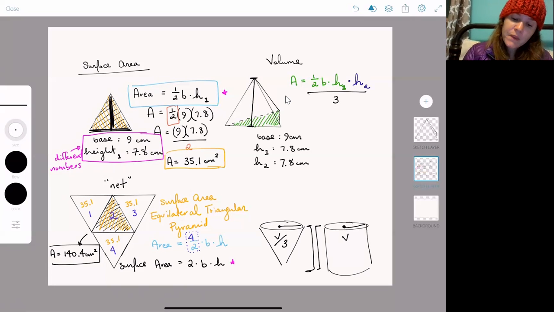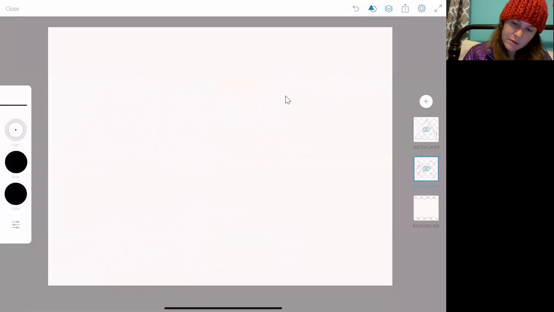Okay, but this is kind of a really messy equation, so we want to clean this up a little bit. So what I'm going to say is that the area is equal to... well, this is the bit that I really want to clean up. So if I have 1/2 divided by 3, hold up. Let me just clear out some of this space a little bit.